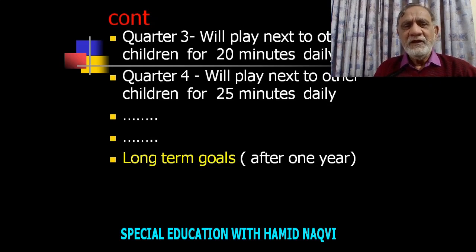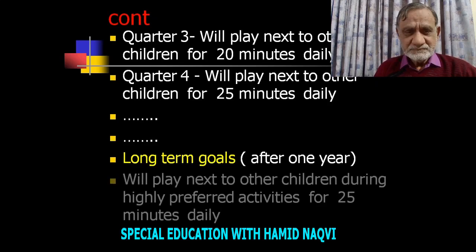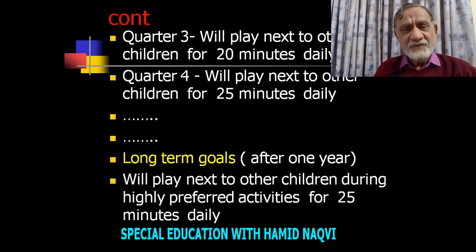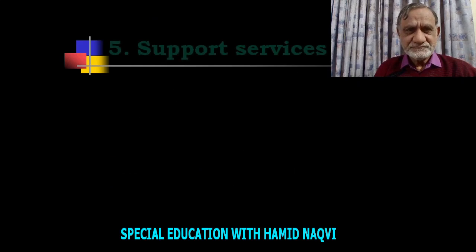At the end of the fourth quarter, you expect that he would play for about 25 minutes. After 1 year, he will play next to other children doing highly preferred activities for 25 minutes. So hopefully this is clear that you have fixed up a goal which is time bound, which is achievable, which is specific, and which has been spelled out in clear terms.